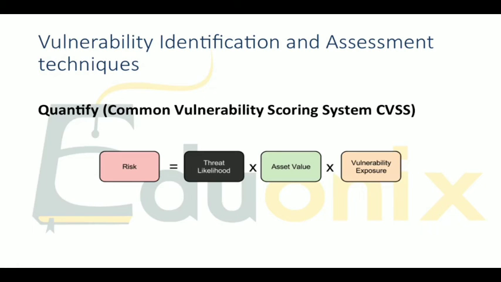The score is based on a series of measurements called metrics based on expert assessments. The scores range from 0 to 10. Vulnerabilities with a base score in the range of 7 to 10 are high, 4 to 6.9 is medium, and 0 to 3.9 is classed as low.